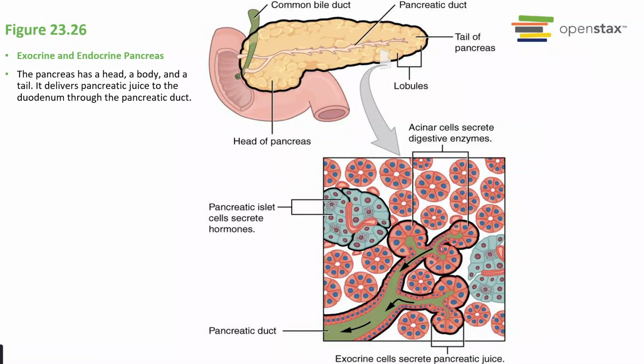The pancreas has islet cells, which are responsible for secreting hormones. They make up only about 2% of the mass of the pancreas. And these hormones are secreted into the systemic circulation via capillaries that are located close to these pancreatic islet cells.